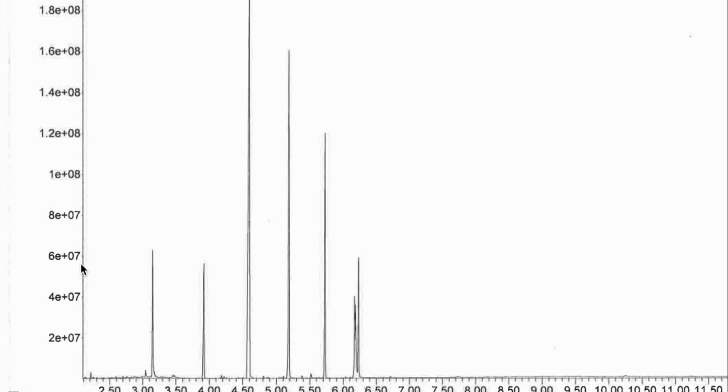So this is 6 times 10 to the 7th, which is 60 million ions, from maybe just a background level of 10,000 or so ions. Then we have 60 million all of a sudden hitting the detector. So that is one of the components of the mixture coming off of the column.